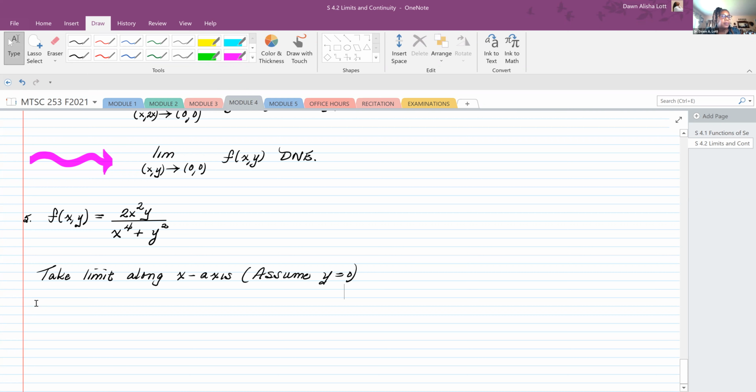When I do that limit, you will see I will get 0, because x is 0, so I get 0 over x squared plus 0, and that is 0 before you even take the limit.